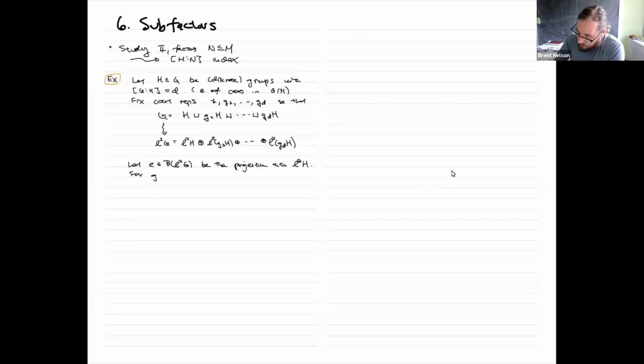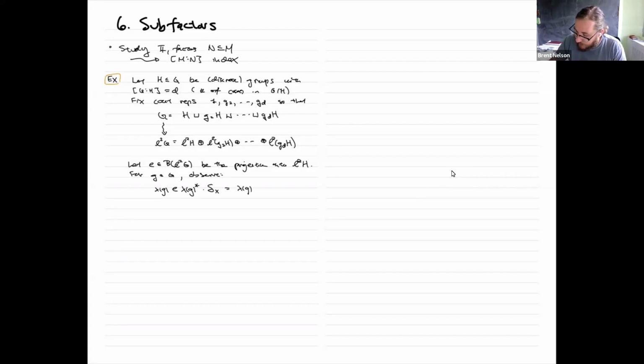Then for any g in G, let's observe what happens when I conjugate this projection by λ_g coming from the left regular representation of my group. We know a basis for little ℓ²(G) is things of the form δ_x for x a group element. The way the left regular representation acts is just by multiplying the index x.